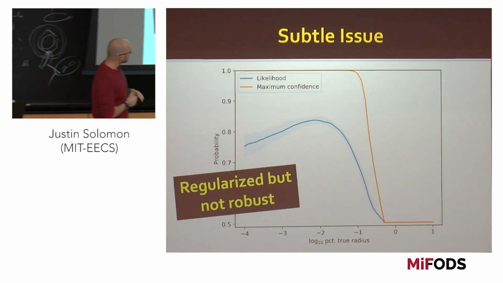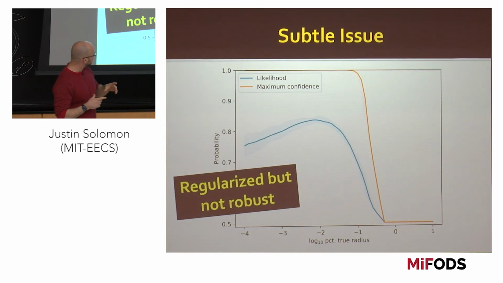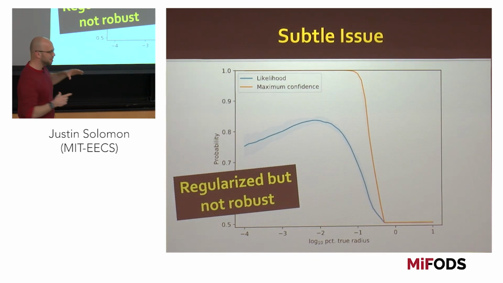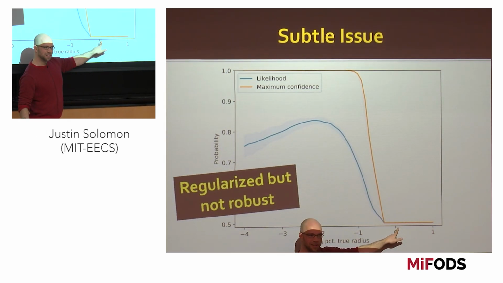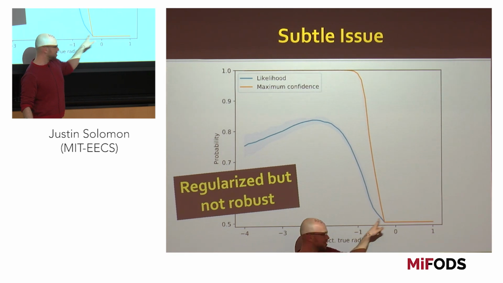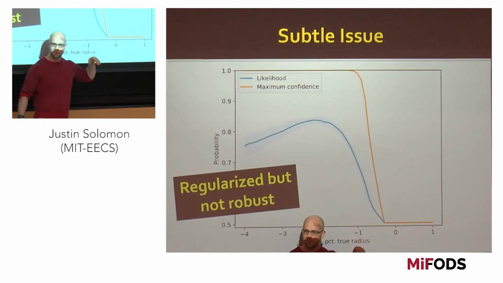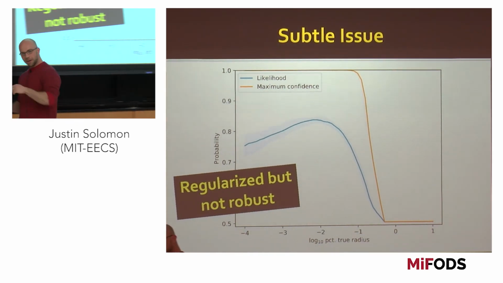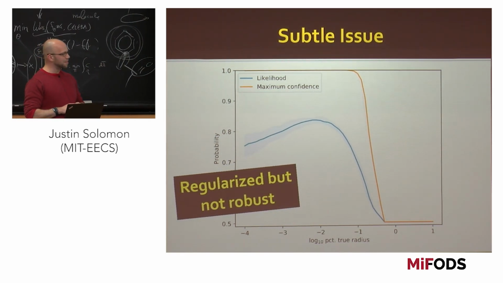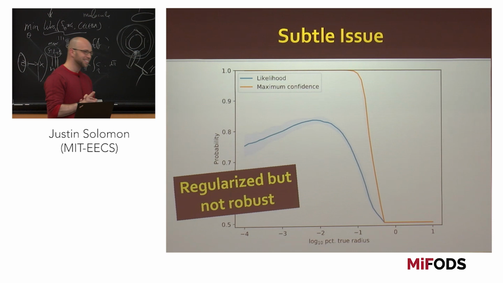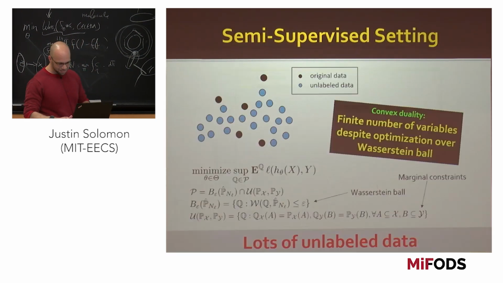It turns out that some of the previous models for this problem are really interesting theoretically, but have a bad property: this is no confidence, and 0 is the radius that you actually would need for your problem, and you can see that unfortunately many of these models degrade before that point. By incorporating some unlabeled data into these models, it turns out that you can do much better, and I'm happy to provide you pointers to that work or discuss it offline.